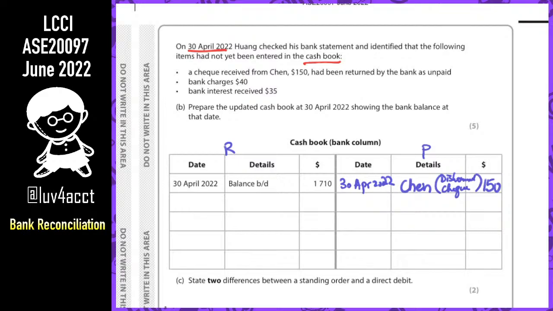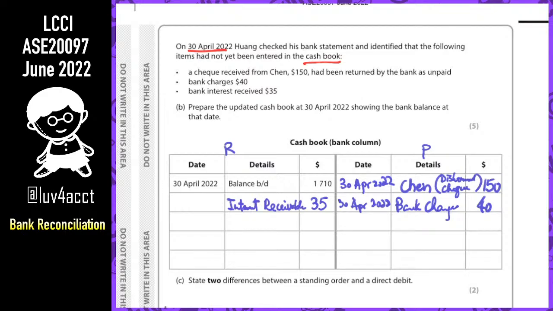Item 2, bank charges 40. Of course, we pay 40 bank charges, the same date. And then bank interest received 35, a receipt. So 35 interest receivable.